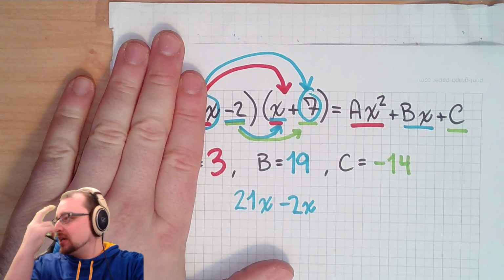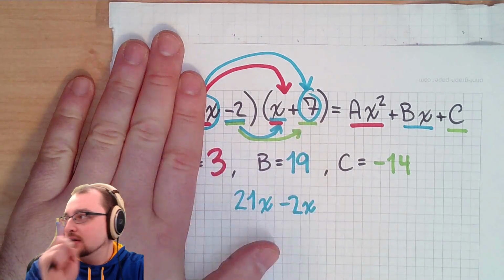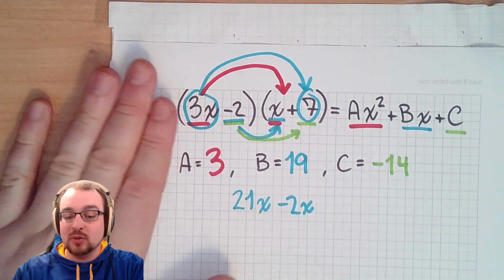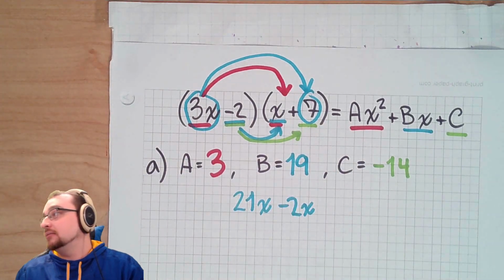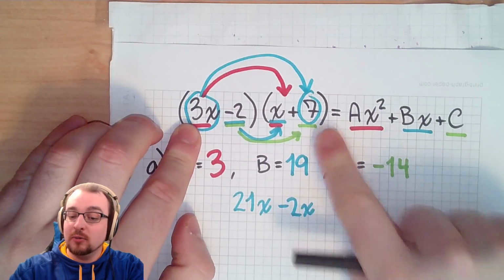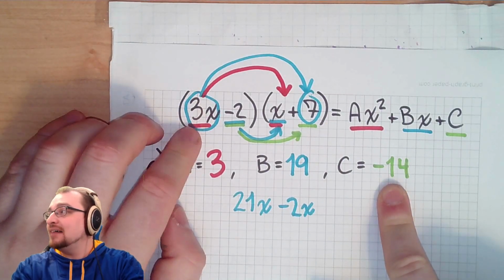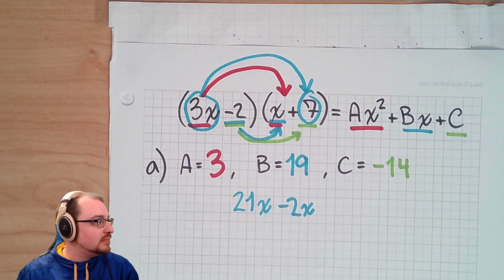Normally we think, oh yeah, these two will add to our middle, we'll get 5. Not the case here because the 3 is going to triple that 7 before it adds to -2, and we'll get 19. It's also going to affect when it multiplies with the 7 to make 21, so it's also going to affect our C. So having a number here is really going to screw up our thinking a little bit, so we've got to be careful about it.